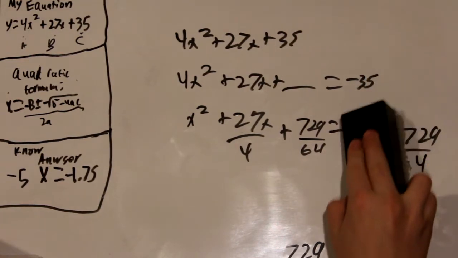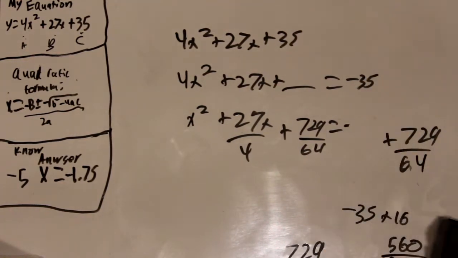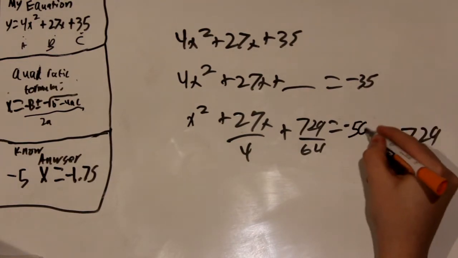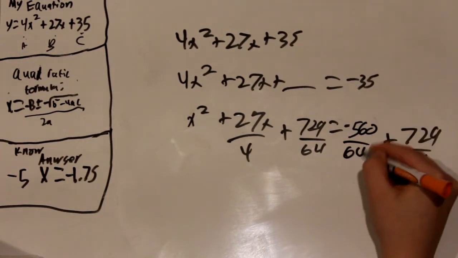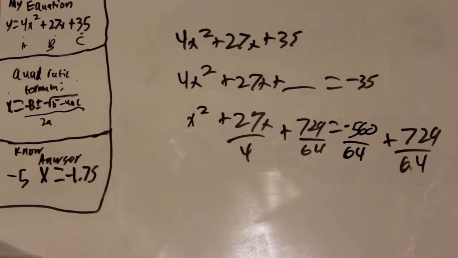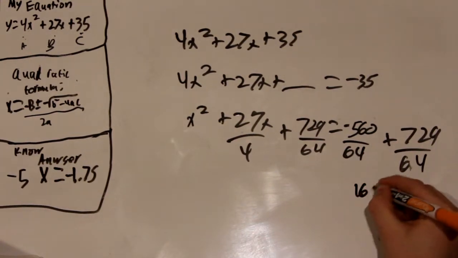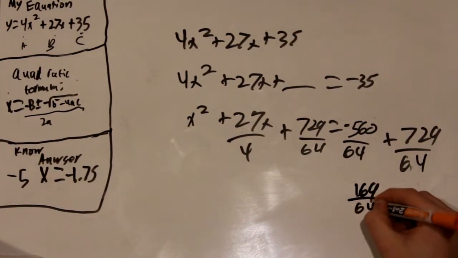And we're just going to go ahead and pop that right in there. I'm going to go ahead and clear this off for space reasons. 560 divided by 64. And we know this from the previous thing to be 169 divided by 64.